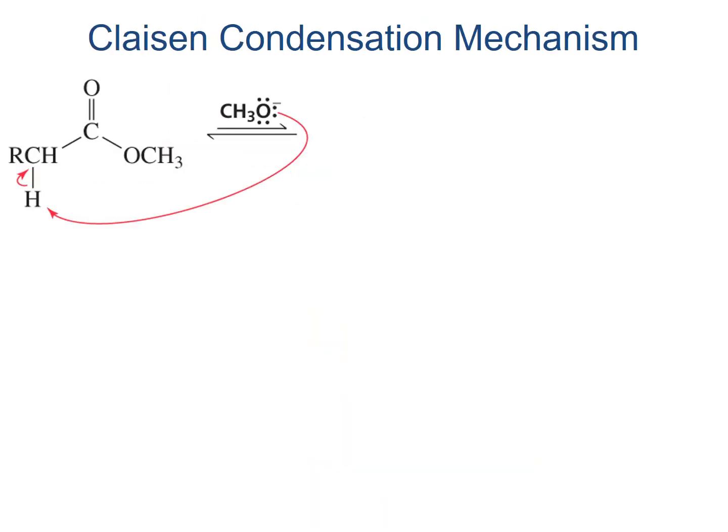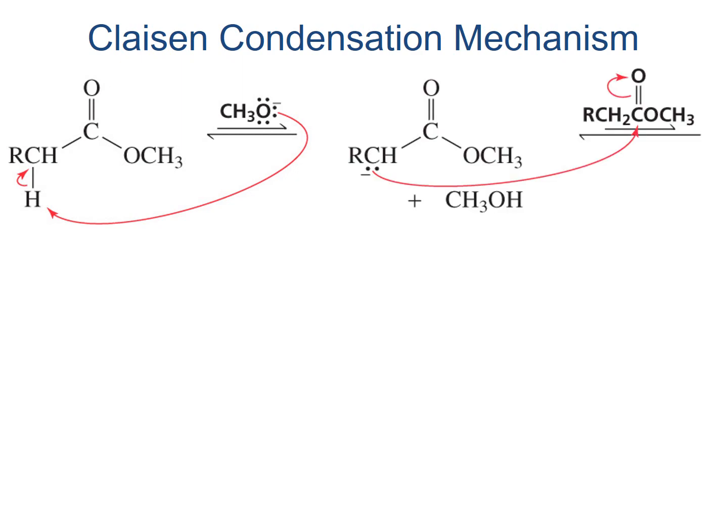Your mechanism is going to start off the exact same way, pulling off the alpha hydrogen. This is now going to create a nucleophile out of the alpha carbon. Again, I'm using another molecule of my ester here, having that position go and add to the electrophilic carbon. Even though you haven't seen esters, these arrows are the exact same as with ketones and aldehydes.